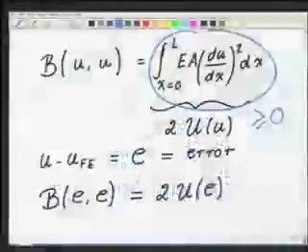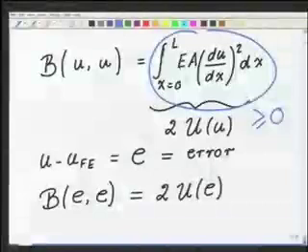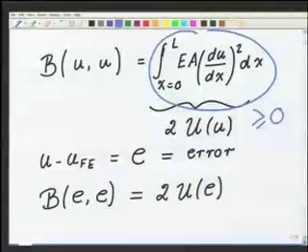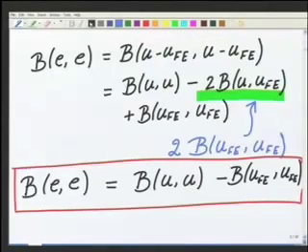The area under this curve is always a positive area, so this has to be greater than or equal to 0. It is true for u. If I put e, the same thing should happen. So what I know is that in our expression here, this quantity is greater than or equal to 0, always. It is equal to 0 when e is equal to 0.